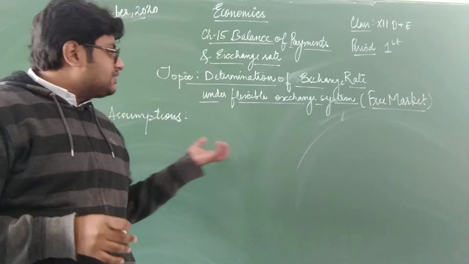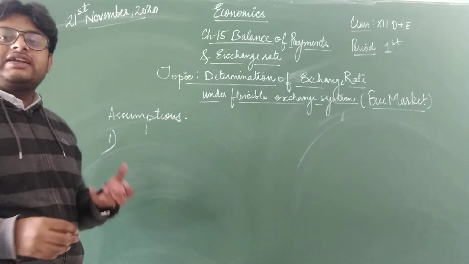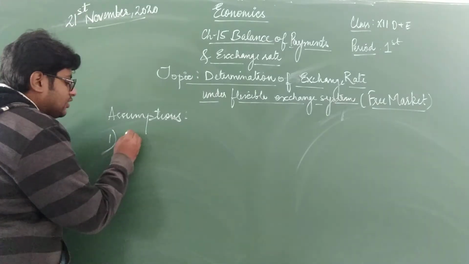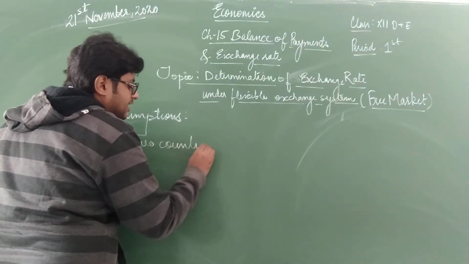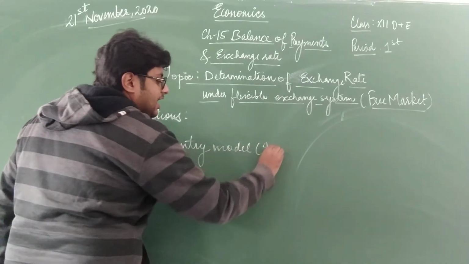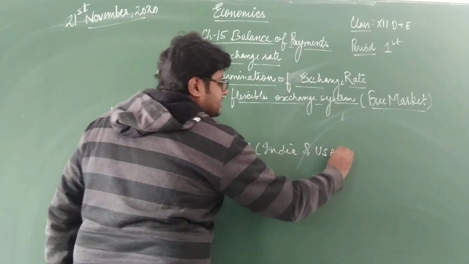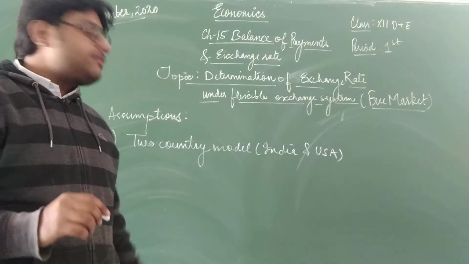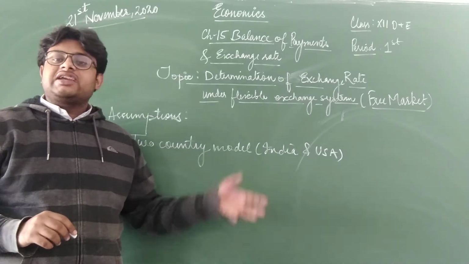For studying this topic, for the simplicity of the model and the understanding of the topic, we are using a two country model. That means we are taking two countries in our example, and those countries are India and the United States of America. The same assumption has been taken in your book also.